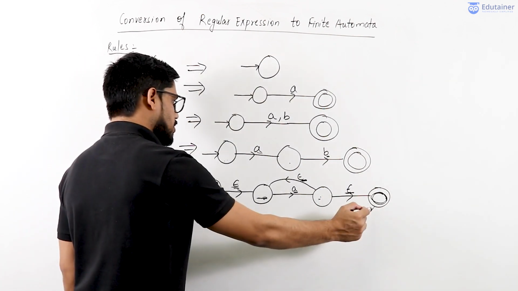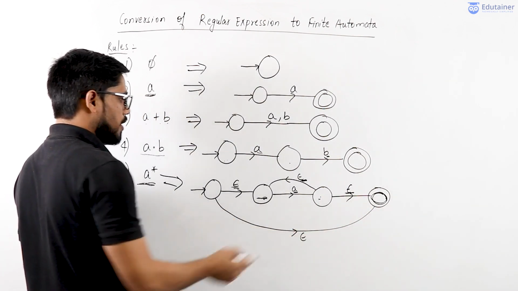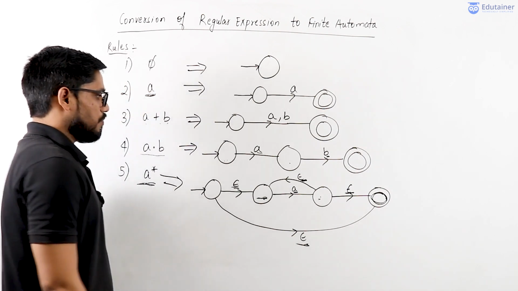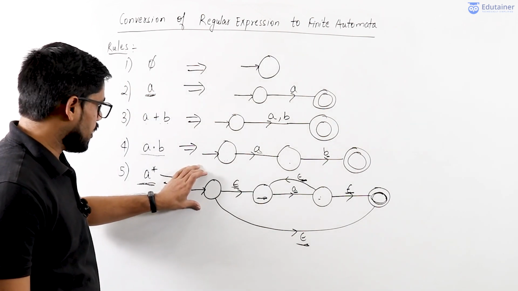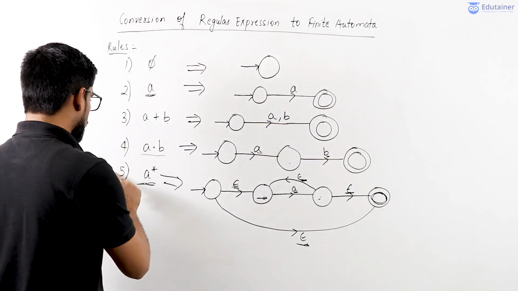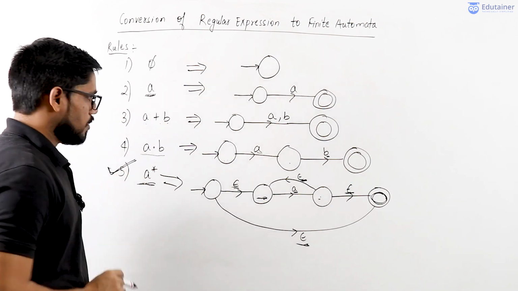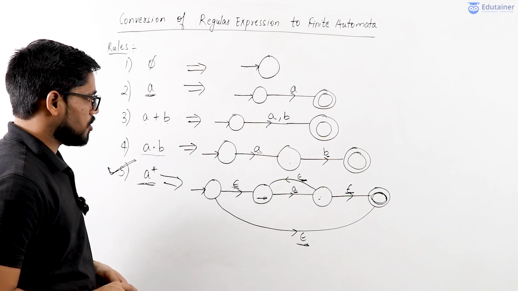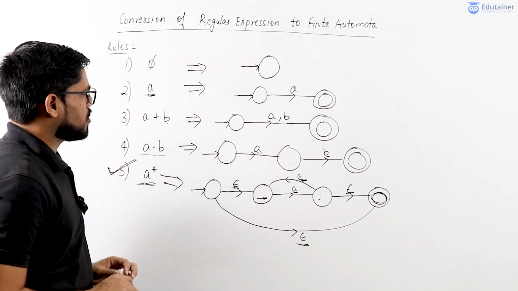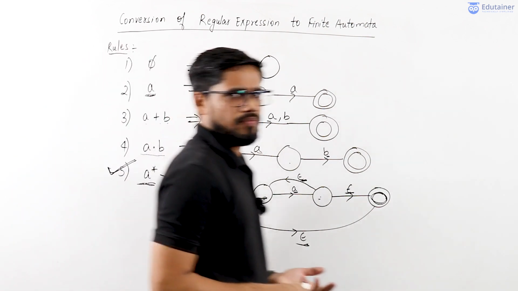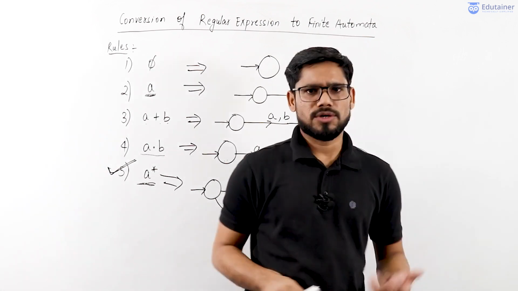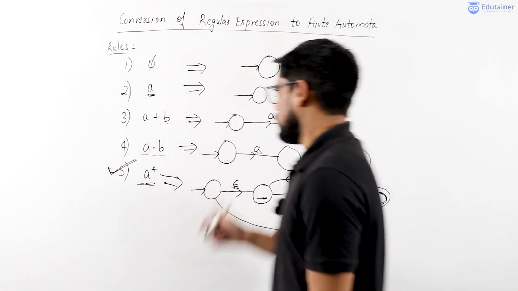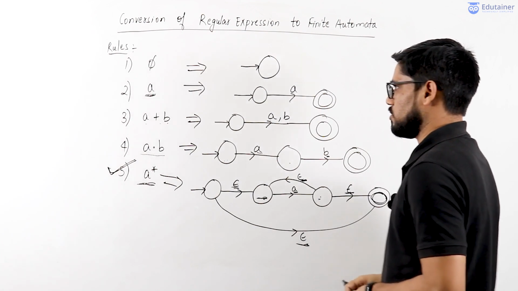And on the final state we directly come back to the initial state by using epsilon moves. So this is very important, Kleene closure operation. You have to remember this operation, and all the other operations are simple and intuitive. By intuition you can draw their different finite automata.